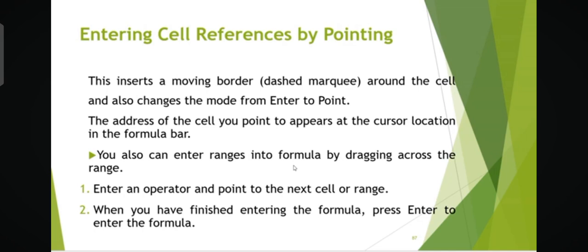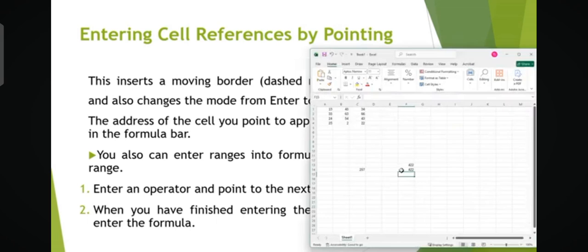Great. So when you do that, you have your range. Enter an operator or point to the next cell or range. So you can do a range finish. Let me just talk about this before we get to formulas. You see the way we had the range here inside this.